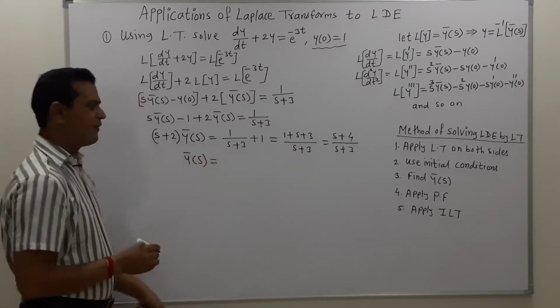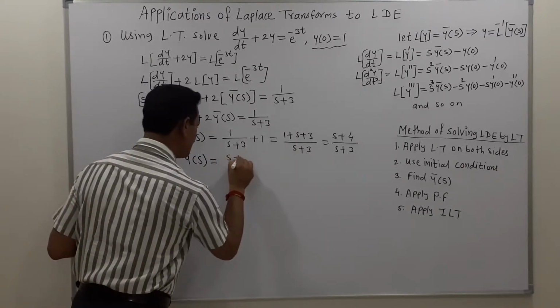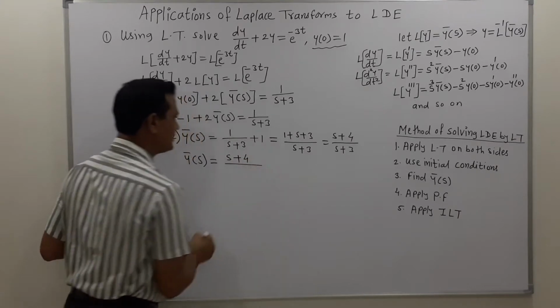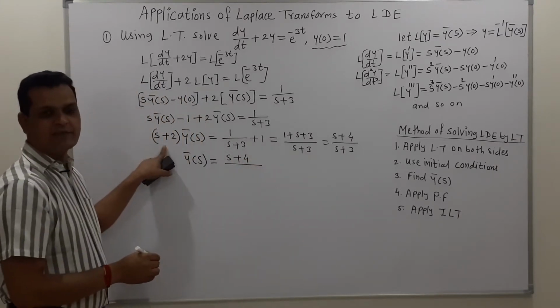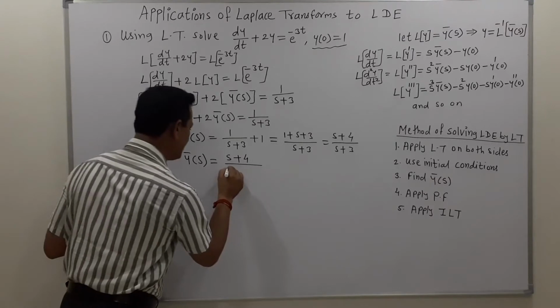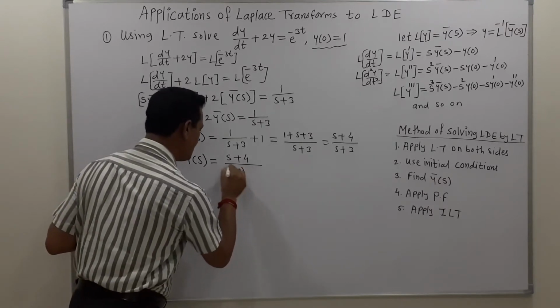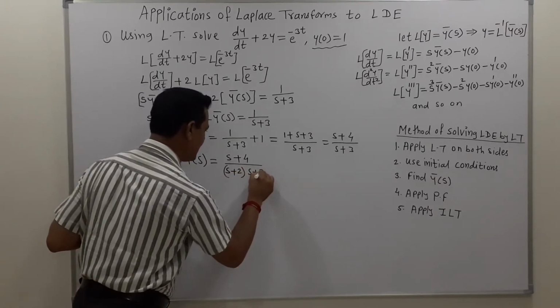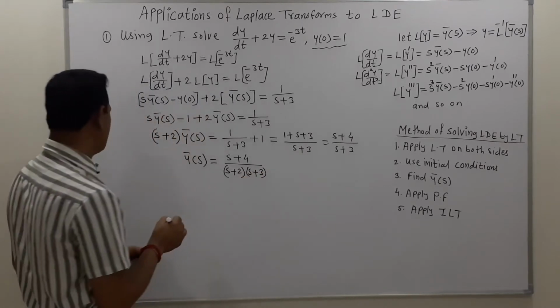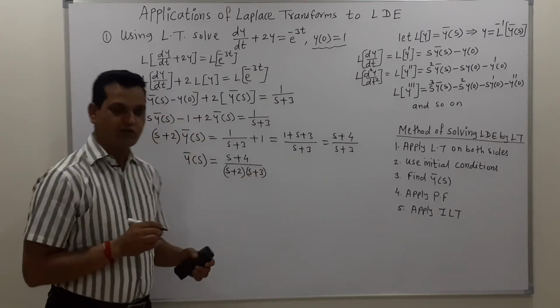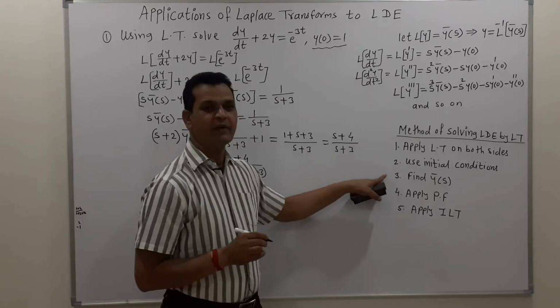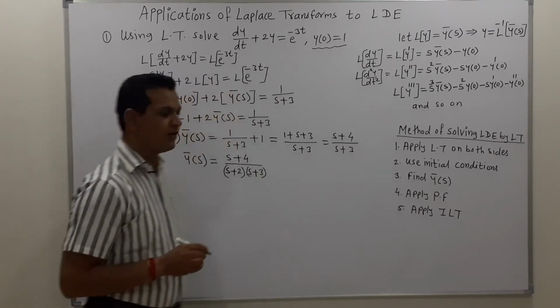So the value of y bar of s is s plus 4 as it is, then after taking this s plus 2 to the right side, this is s plus 2 and this is s plus 3. So that is our step number 3: find the value of y bar of s.